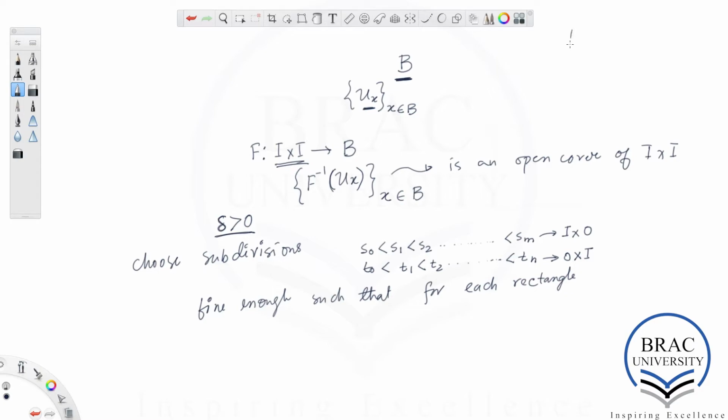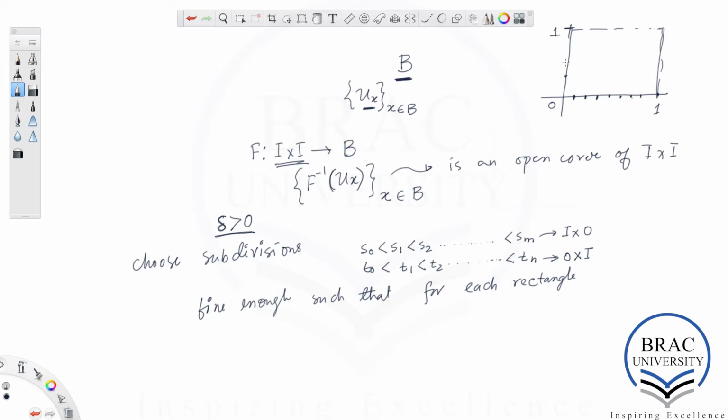Okay, so let me draw a picture here again. I'm going to draw the same rectangles over and again. So this is from 0 to 1, again this is from 0 to 1. Along the y-axis we have this I cross I, which is a square, and this is a partition of 0 to 1, which is of course I cross 0, right?